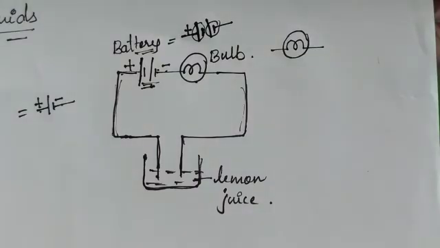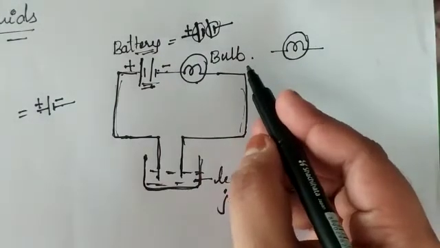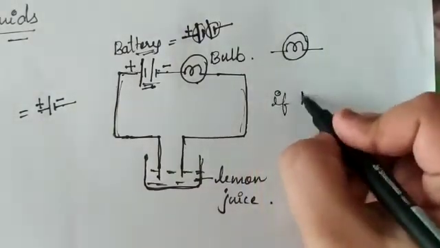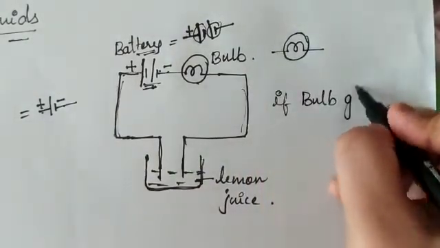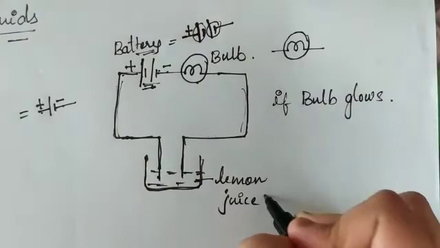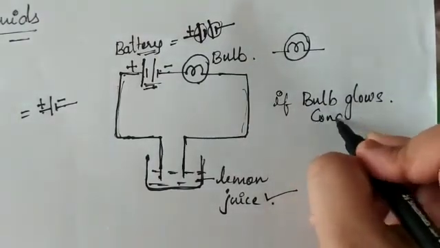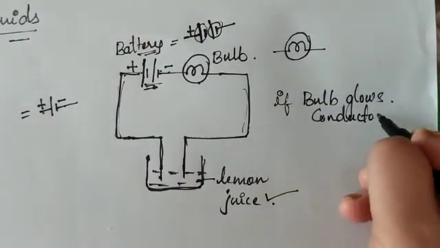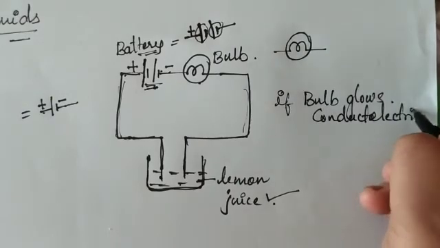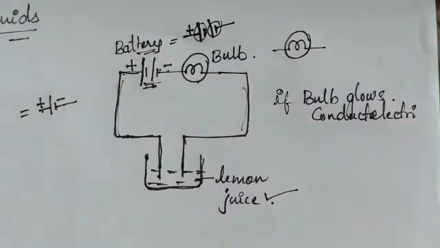If the bulb glows, then we say that lemon juice conducts electricity. Conducting electricity means the lemon juice is a good conductor of electricity.